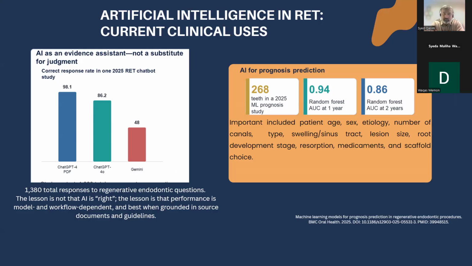Basically it was a prognosis paper, which they said was clinically more relevant. What they did was train a model on 198 patients, and from those they fed data of around 250 or 260 teeth into that model.